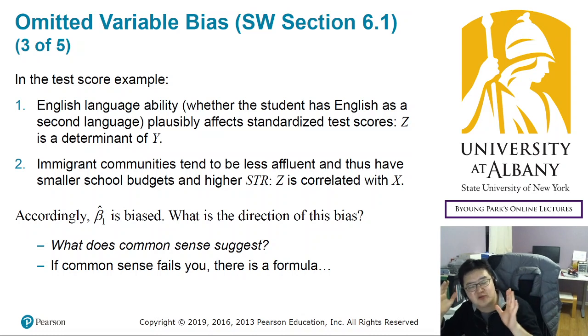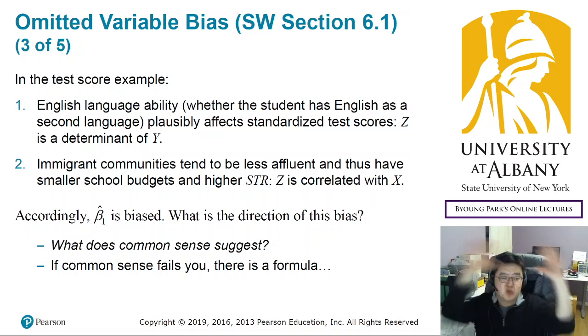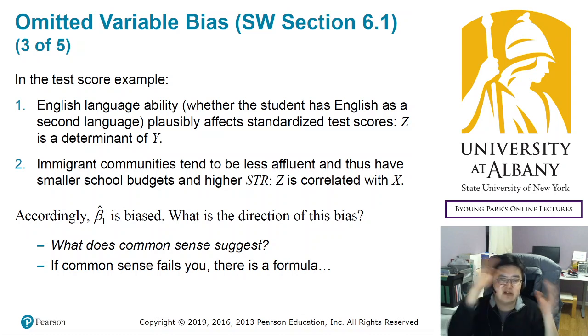You only observe, your data only tell you the total effect, and the total effect is even more negative than your true parameter you wanted. Just that's the common sense. That's my guess, and reasonable, educated guess, I think.